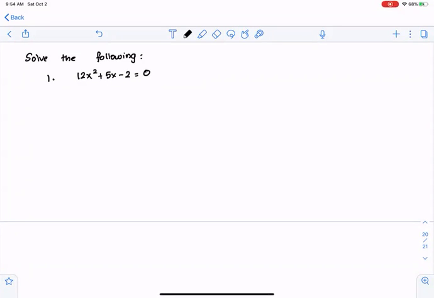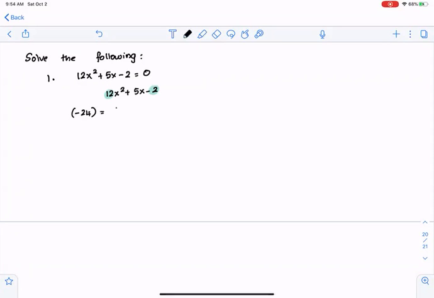So if I look at 12x squared plus 5x minus 2, I have negative 24, which would be the product of those two.